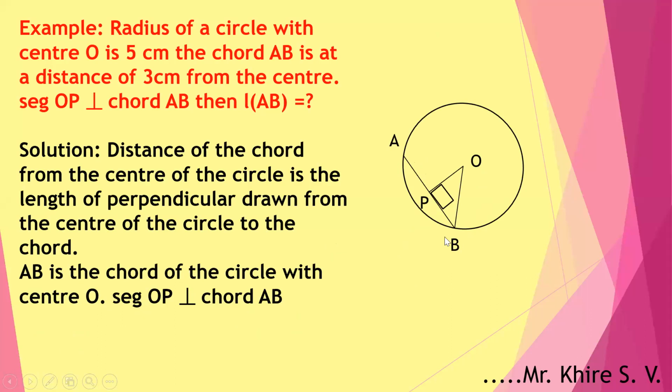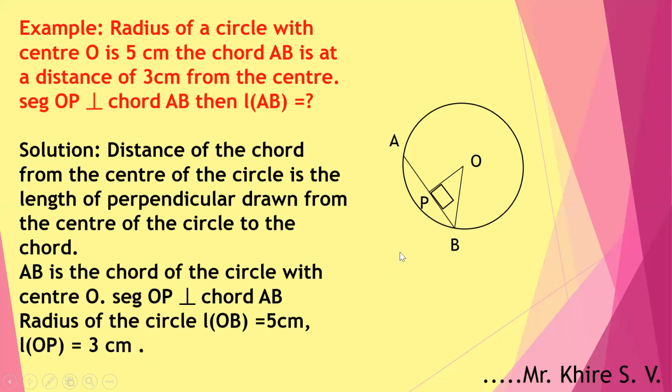Now AB is chord of the circle with center O. Now segment OP is perpendicular to AB, meaning OP divides segment AB into equal parts. AP is equal to BP. Now radius of circle is length OB, that is 5 cm and OP is 3 cm. It is given in the question.